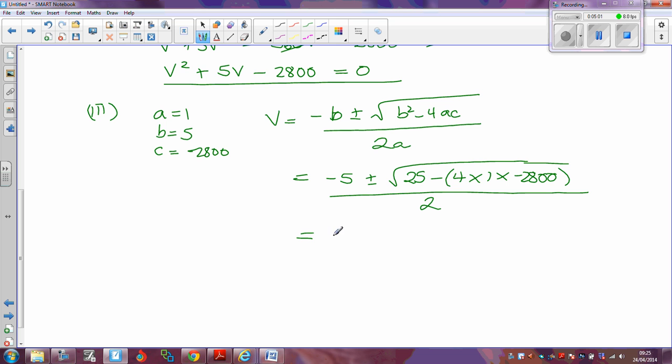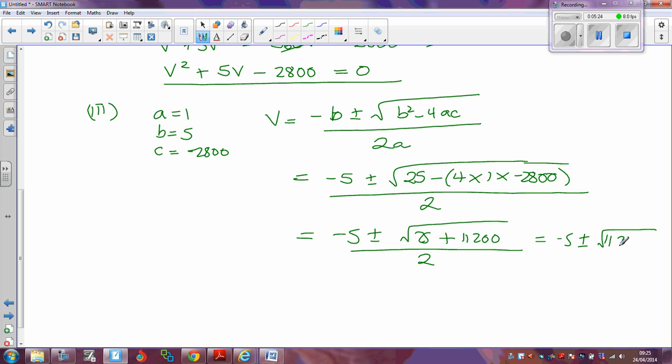So that becomes minus 5 plus or minus the square root of 25 minus the minus is plus, and then 4 times 2,800 is 11,200, and that's divided by 2. So that becomes minus 5 plus or minus the square root of 11,225, divided by 2.